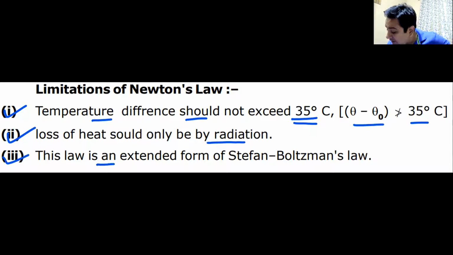This law is an extended form of Stefan's law. It is derived from Stefan's law. Will you remember this? Can I have a raise of hands that we understand this, that we remember this, sir? I'll give you a minute to note down these limitations.